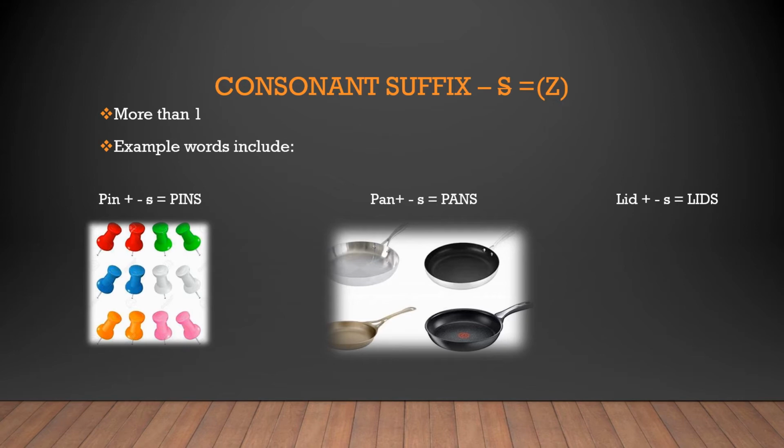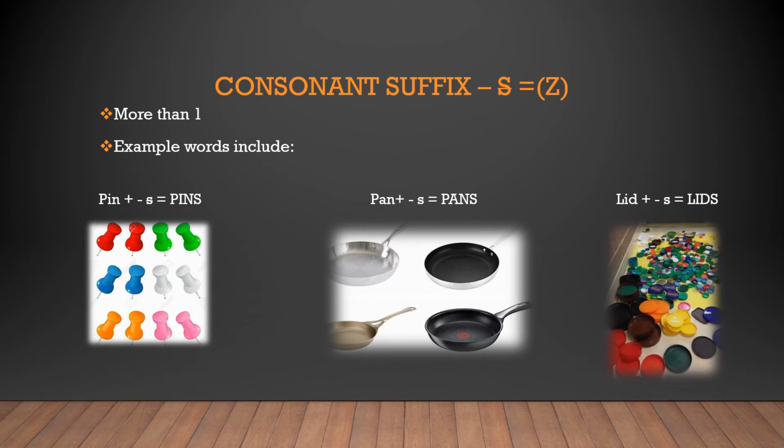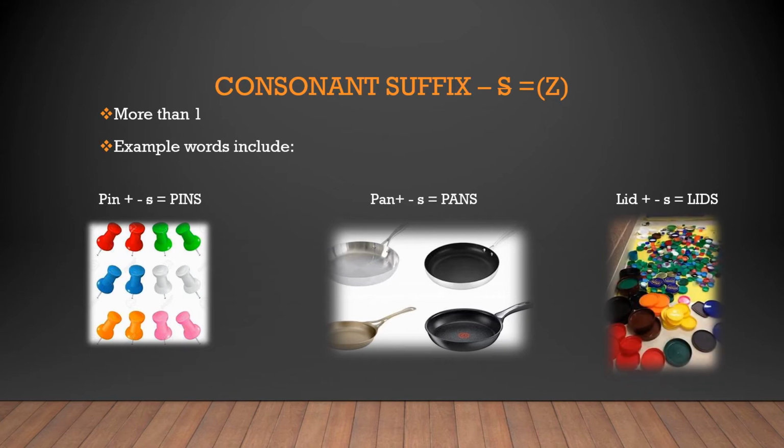The base word lid ends with the d sound. D is voiced. When added with a consonant suffix s, the s turns into the z sound, as in the word lids. You know, those things you put on top of your cups.